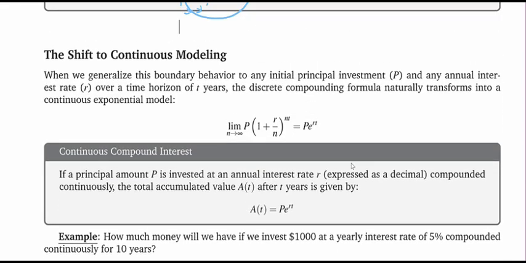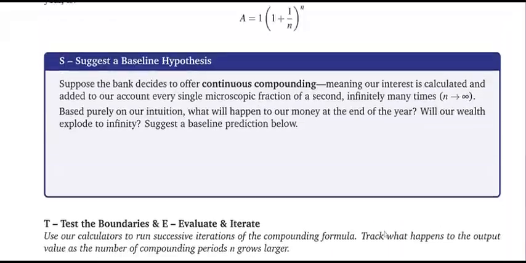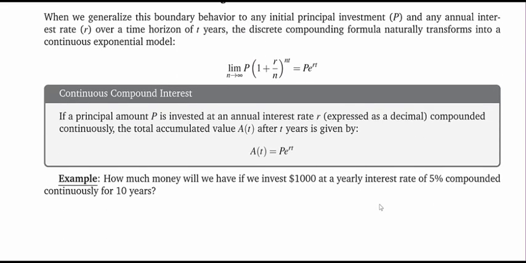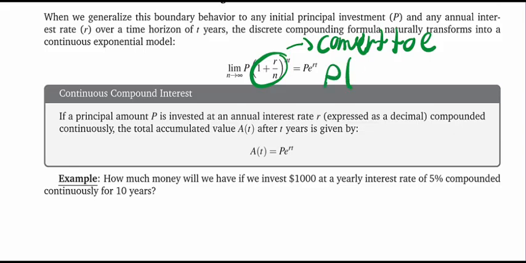And if you actually take a look at the continuous compounding formula, in other words, take this, this is the continuous compounding formula, and convert it to E. So what used to be P times 1 plus R over M to the power of M times T is going to end up as P times E to the power of RT.